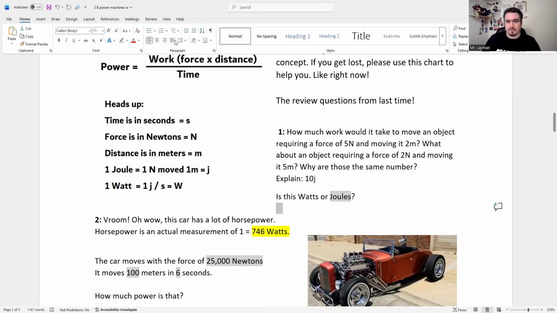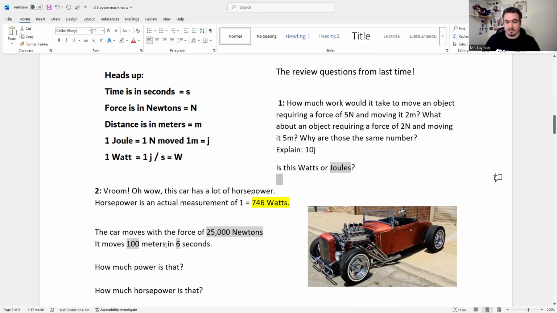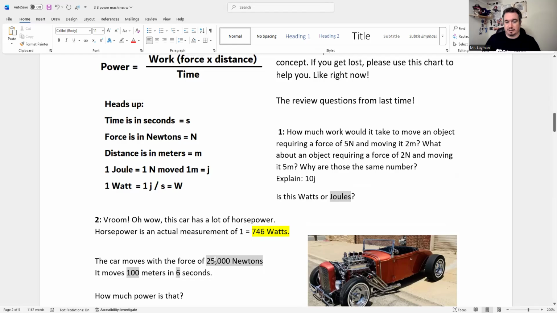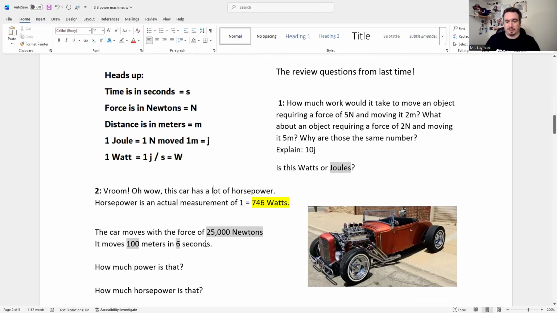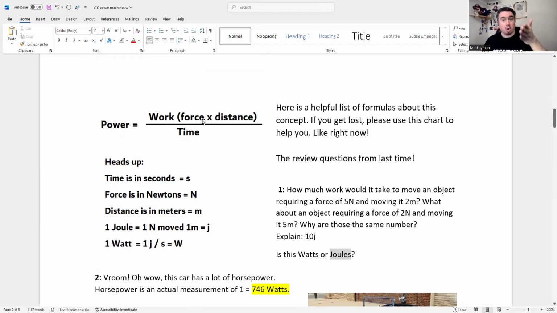All right. So I'm just going to use my formula up here. I've got work, which is force times distance. The force is newtons. So 25,000 newtons times the distance, 100 meters. And it's going to do that in 6 seconds. So I would take 25,000 newtons and multiply that by 100. The first thing I would get is the total work that's done.